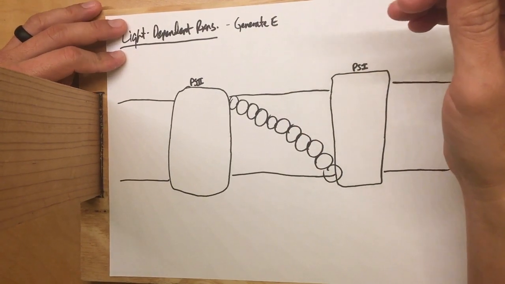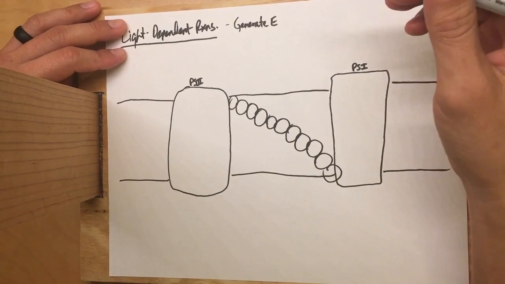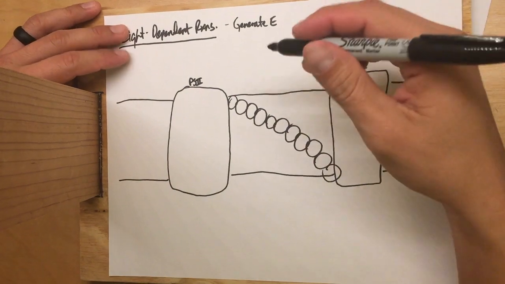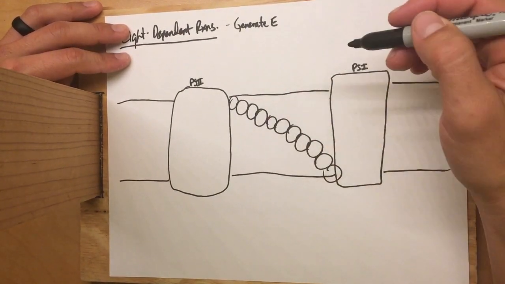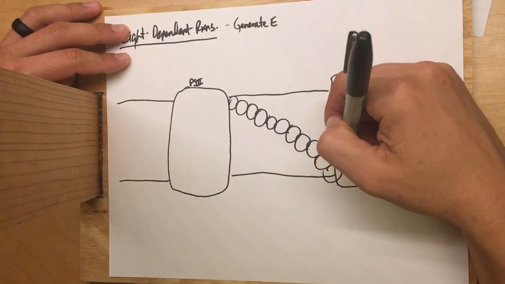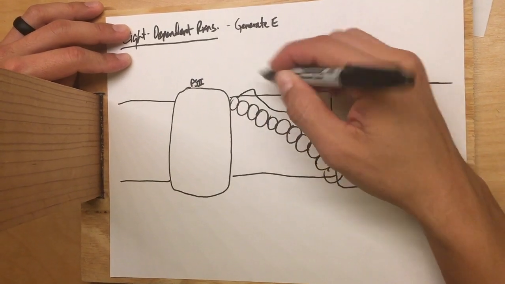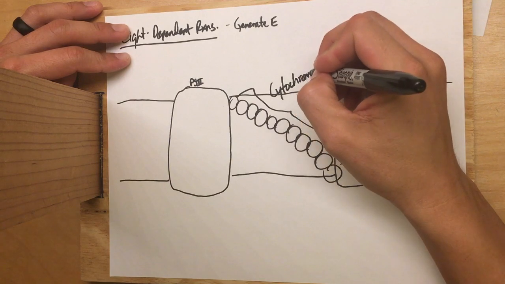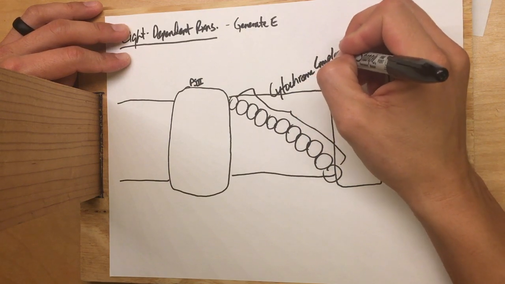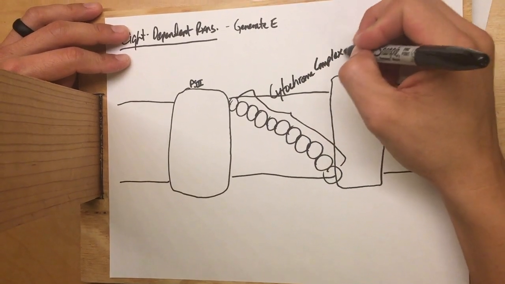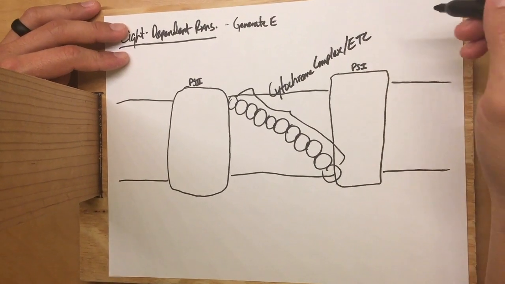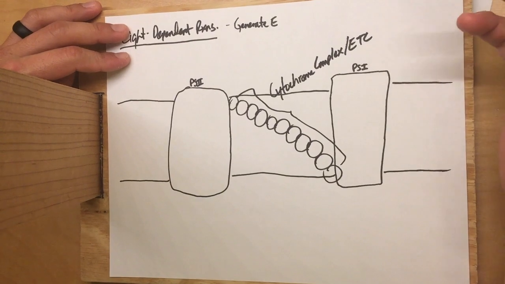And because they're carrying electrons, which is potentially dangerous cargo, they've got to make sure that they're inside of a membrane. The same thing's happening here. This is a chain of proteins that is carrying electrons, and it is called the cytochrome complex. But the cytochrome complex is really just the same thing as the electron transport chain, which we saw in respiration. It's the same proteins. It's totally the same thing.